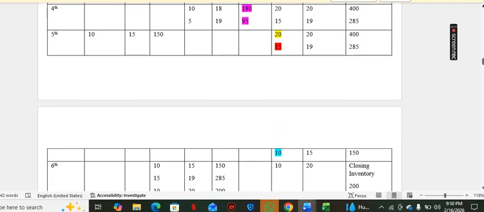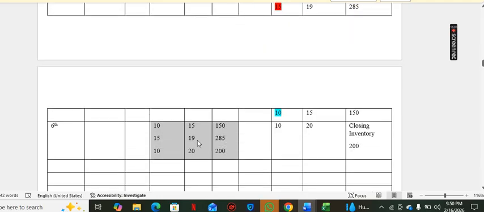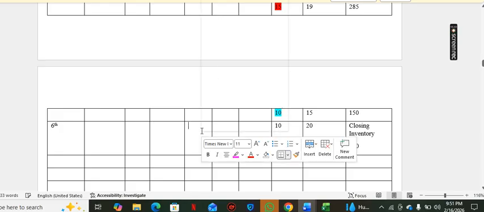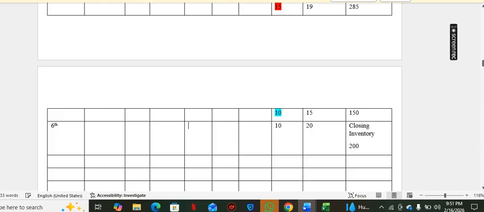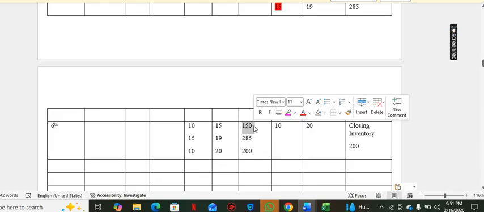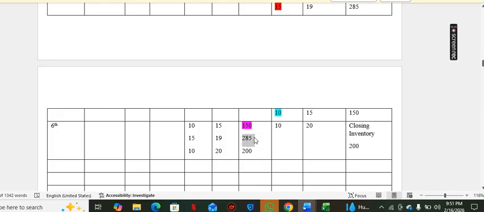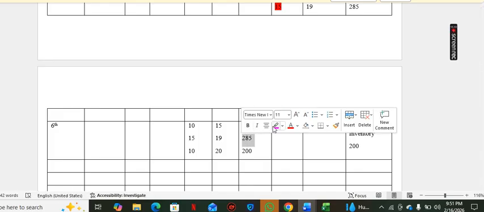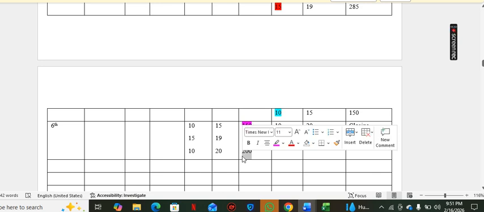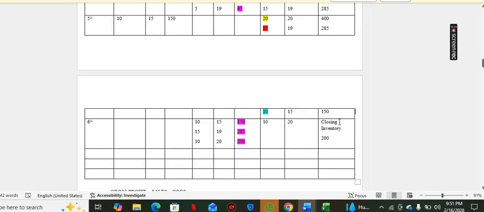These ones I should have put this side here. And also these values here: this 150, this 285, this 200. So these values in purple will give us our cost of goods sold.